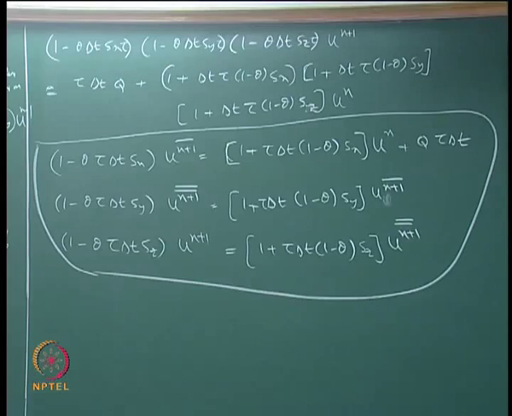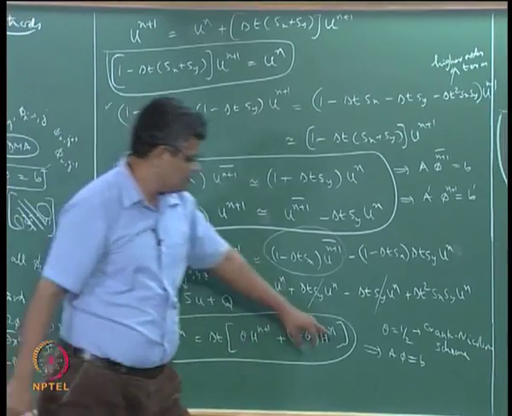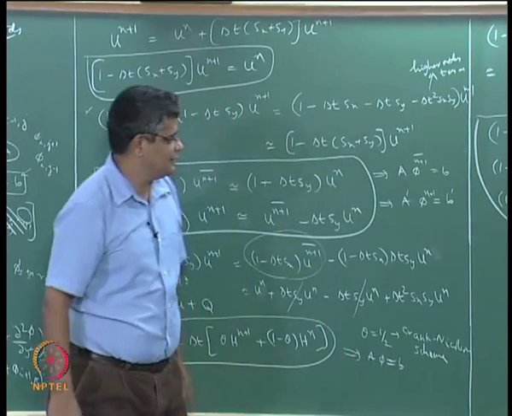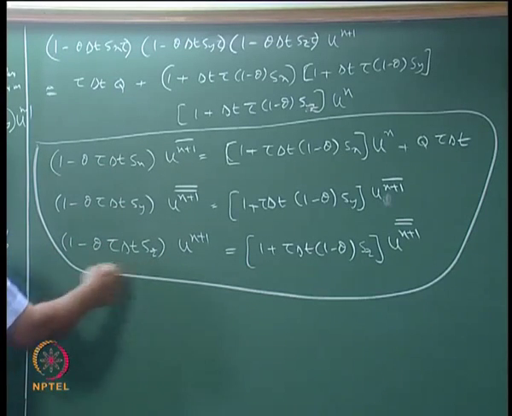So these 3 steps here are equal to this step here, whereas this gives us an A phi equal to b, which is pentadiagonal here. Each of these things will give us an A phi equal to b, which is tridiagonal. So we can make use of the tridiagonal matrix algorithm 3 times, once for this and for this and for this, to get the overall solution. And how do we know that this is the same as this?